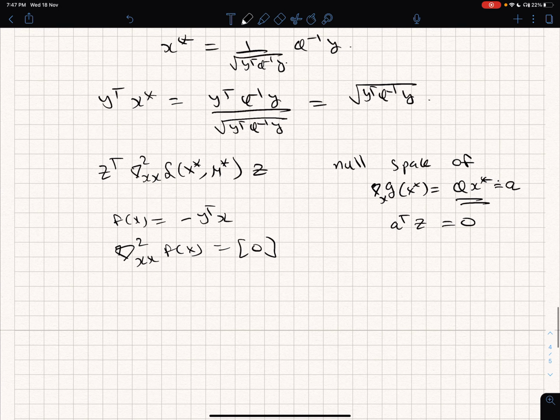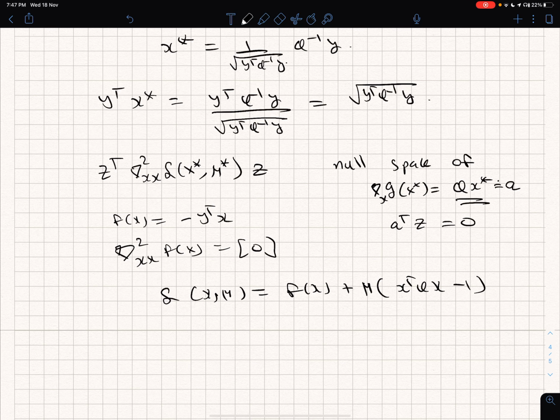So there is nothing that comes out of here. And the Lagrangian function is f of x plus mu times of x transpose qx minus 1.